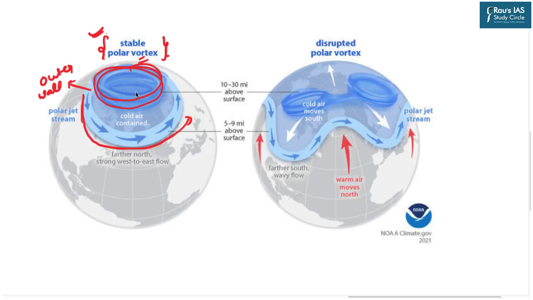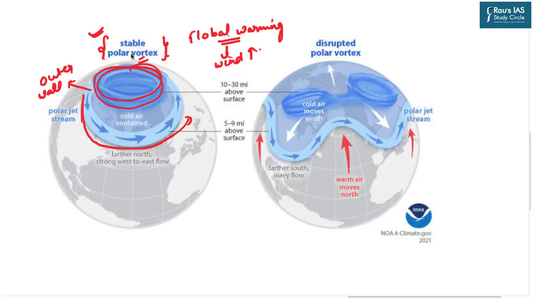But presently, what is happening? Because of the rise in vehicular emissions, industrial emissions and various other anthropogenic activities, the global temperature is increasing, which we call the phenomenon of global warming. Because of this global warming, the wind temperature is also rising.